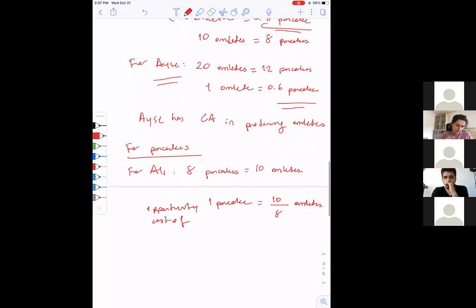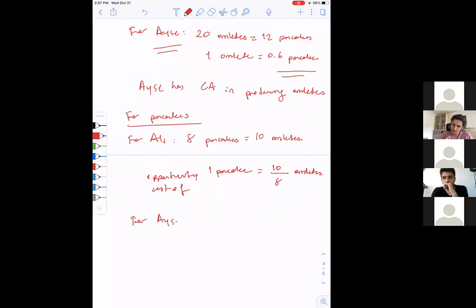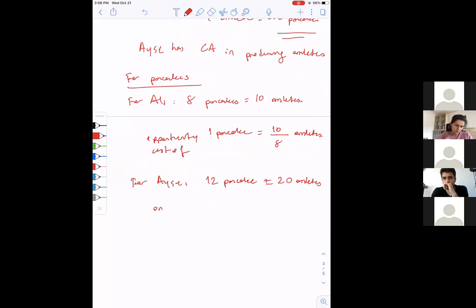Okay, for Ayşe, in order to produce 12 pancakes, Ayşe needs to give up 20 omelets. Okay, 20 omelets. Opportunity cost of producing one pancake is 20 divided by 12 omelet.